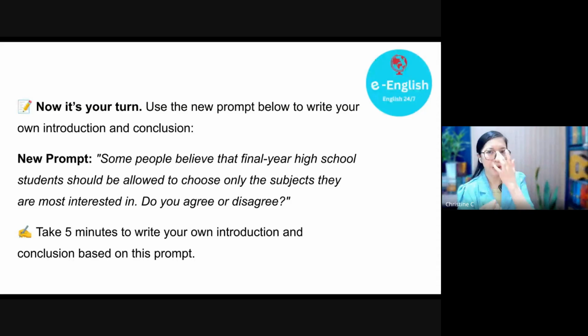All right. Okay, so in your ideas for the introduction and conclusion, it seems to me that there are contradictory opinions. I would suggest sticking to one, whether you agree or disagree, and then make sure that your introduction and your conclusion are within the same opinion. Yeah.